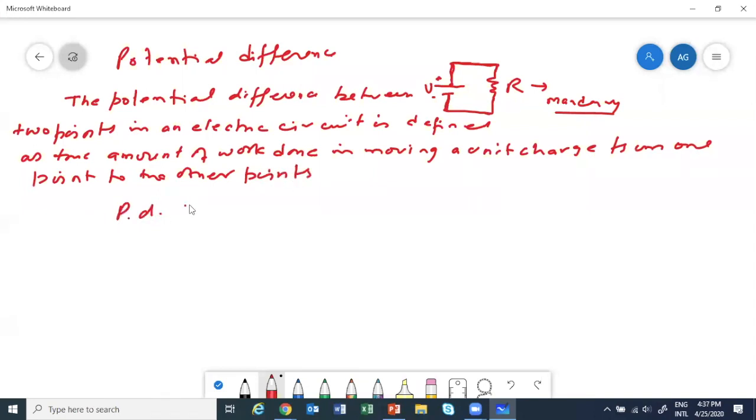So PD is work done by quantity of charge.